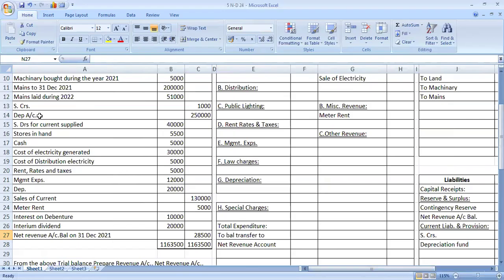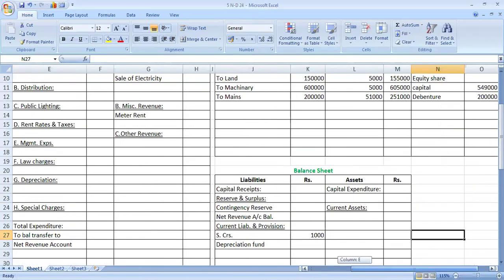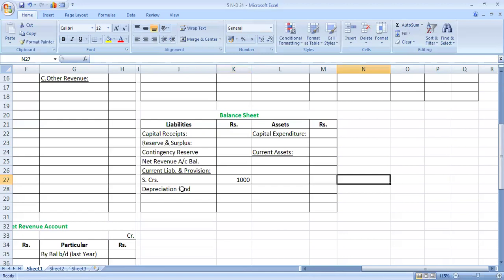Next item, depreciation account 2 lakh 50,000. This one is also part of liability because it is given on the credit side, hence balance sheet liability side under the heading of current liability and provision, 2 lakh 50,000.